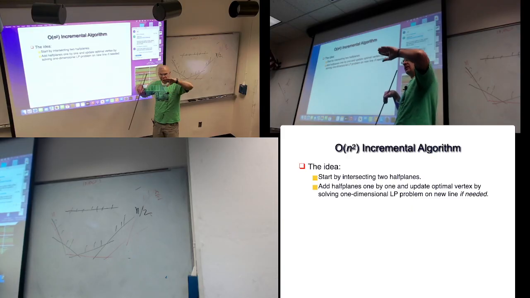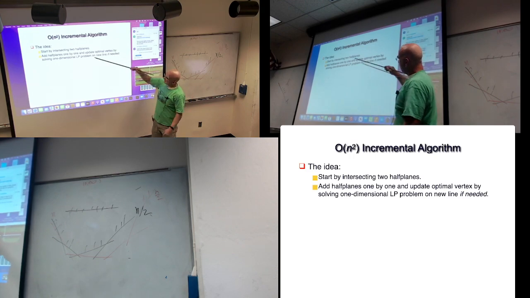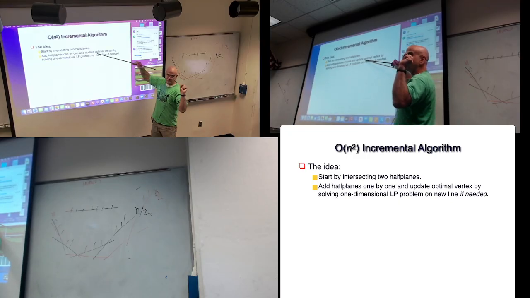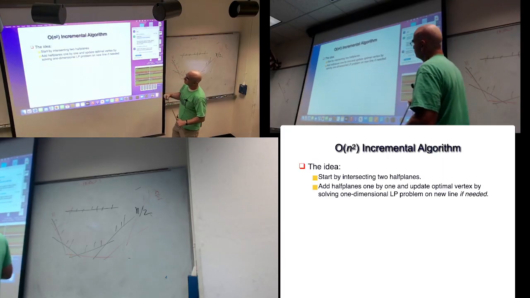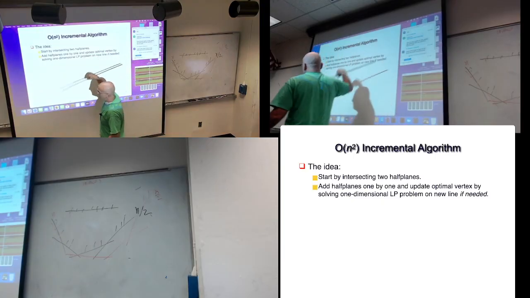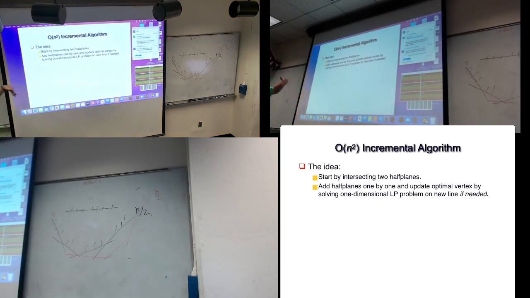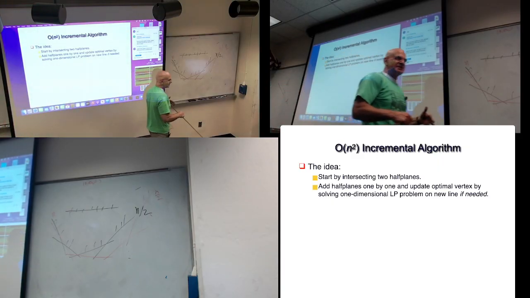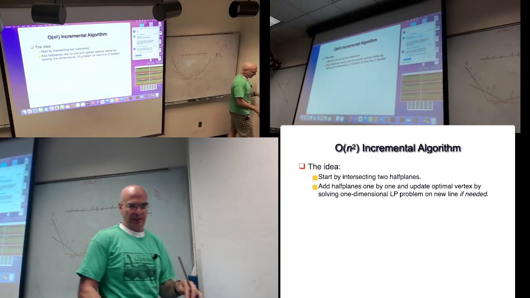It's a bit hopeless to maintain each and every vertex of the feasible region. All I care about is keeping the optimal solution, just one vertex, the one that gives you the optimal value. And when you're adding a half plane, maybe you'll be lucky, and you don't need to change the optimal solution. If you're unlucky, then we will see that we just need to solve a 1-dimensional linear programming problem.